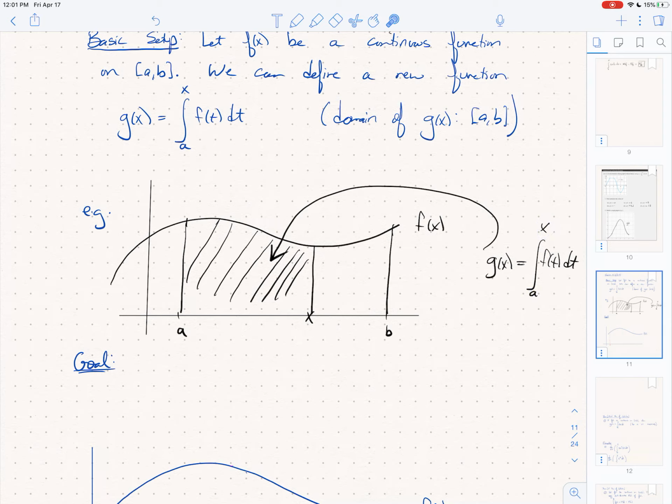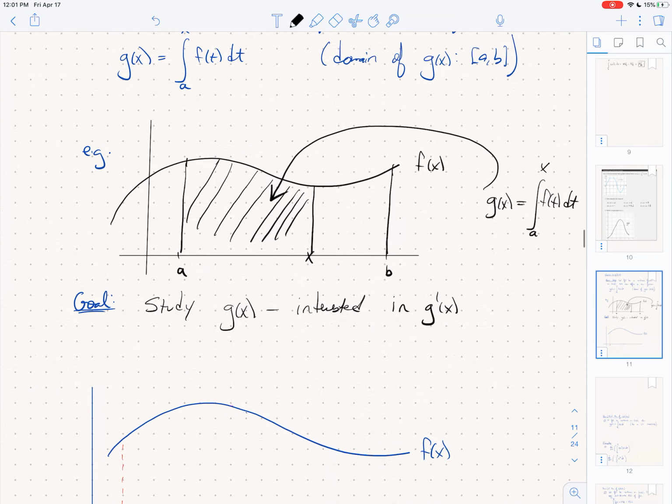So our goal is to study g of x, and we're interested in, well, this is calculus 1. When we have a function, what do we do with it? We compute its derivative. So we're interested in g prime of x. All right?